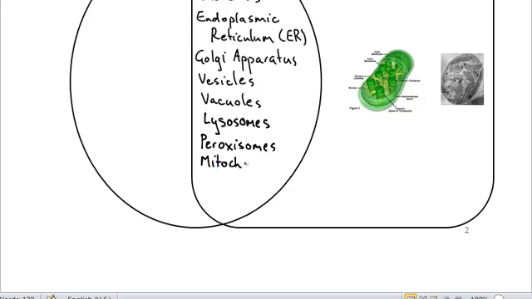Down at the opposite end of the size scale, very small, you have ribosomes. And then you have the cytosol and the cytoplasm.